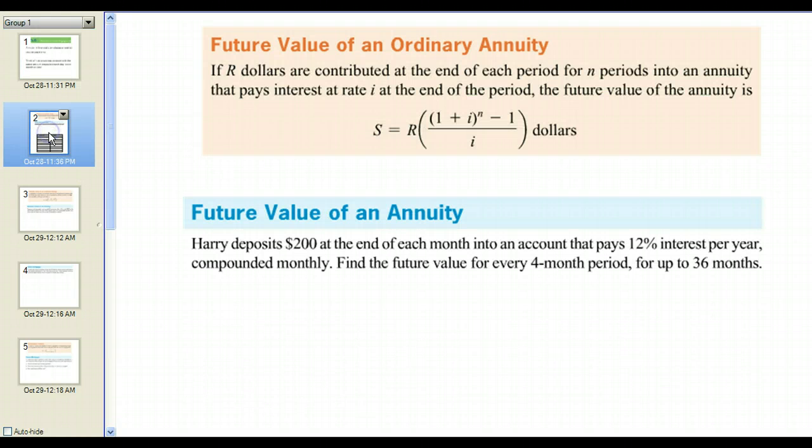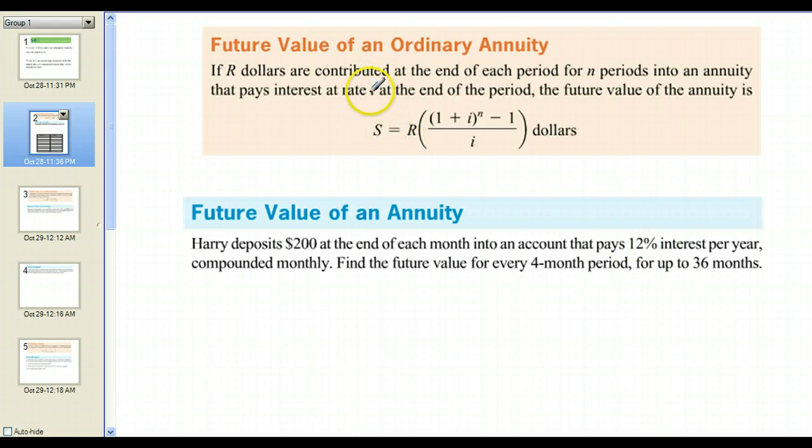So this first example I give you is the future value of an annuity. Meaning that if I'm going to put in R dollars every single time period, whether it be month, day, week, year, whatever, every single period for n periods into an annuity that pays some interest rate at the end of each period. Now, i will not be just the number that they quote you. Like i is not going to be 12% in this next problem.